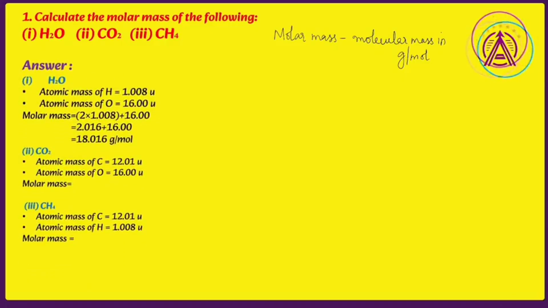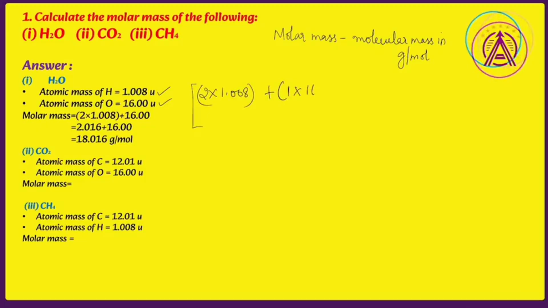In case of water, the atomic mass of hydrogen is 1.008 U or AMU. This value is given in your question, so we take this value. If it's not given, you can simply take 1 AMU or 1 U. Similarly, the atomic mass of oxygen is 16.00 U. Since our molecule has two hydrogen atoms, we do 2 into the atomic mass of hydrogen plus 1 into the atomic mass of oxygen.